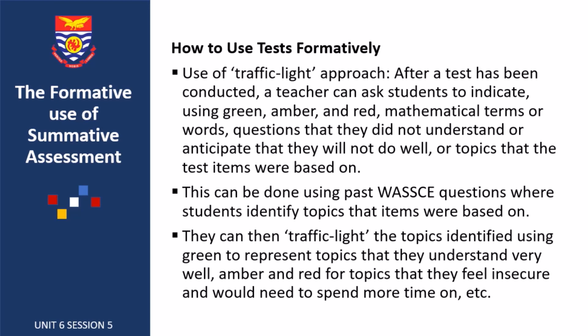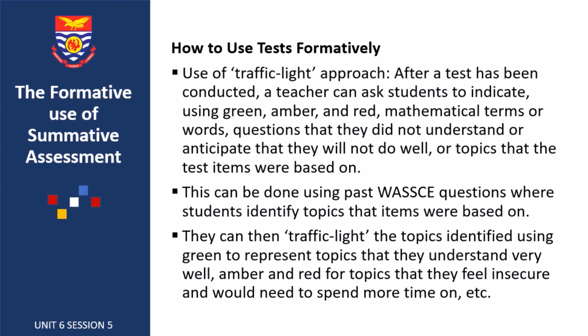I've talked about the traffic light already. So the use of the traffic light approach, as I've talked briefly about that. After a test has been conducted, the teacher can ask students to indicate using green, amber, red the questions that they did not understand or anticipate that they will not do well, or topics that the test items were based on.